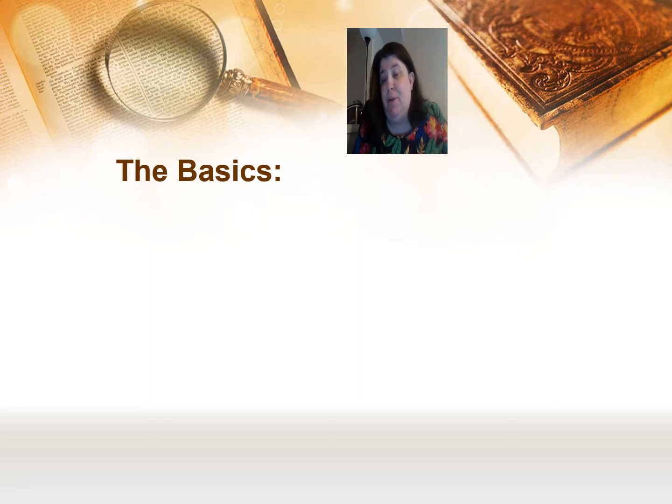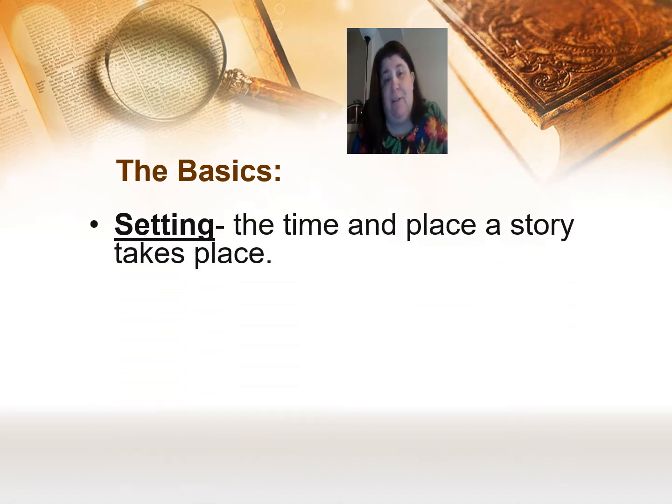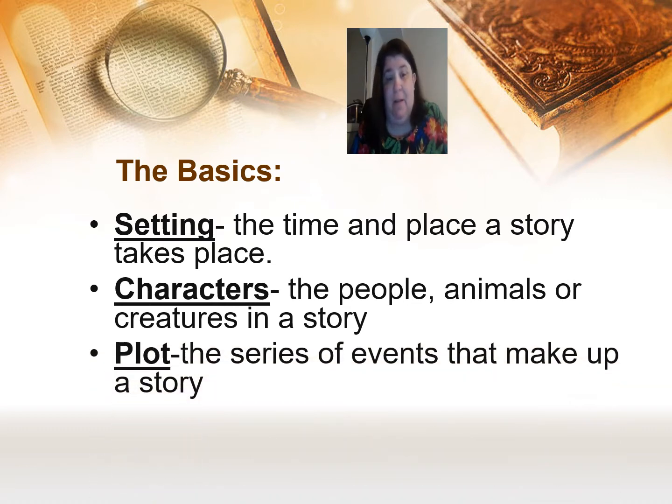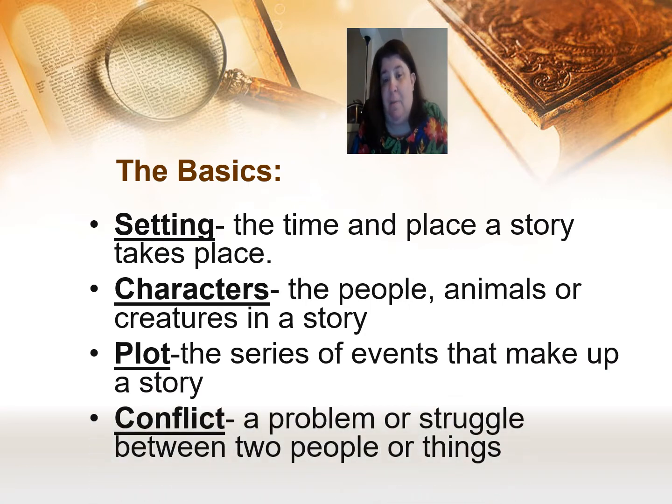So the first one we're going to do is look at just the basics. First, you have the setting, which is the time and place that a story takes place. We have our characters, which are the people, the animals, and the creatures in a story. Then we have a plot. These are the series of events that make up the story. And then lastly, we have a conflict, which is a struggle or problem between two people or things.